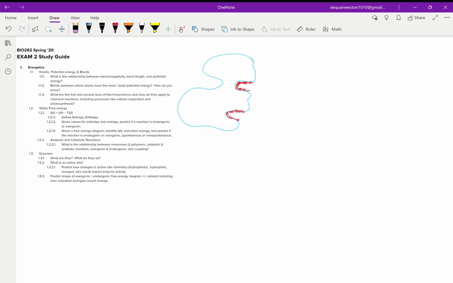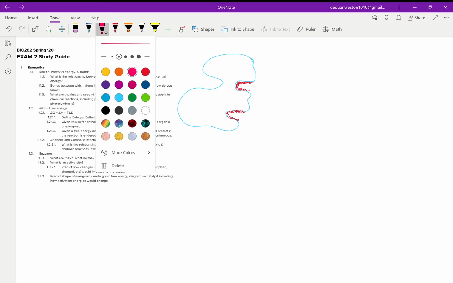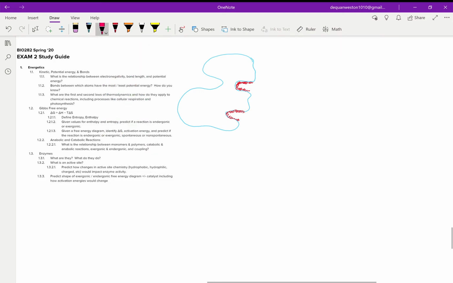So the active site is where the substrate binds. So here, this is our substrate. It'll come in and bind in here, and then you'll have something like this.